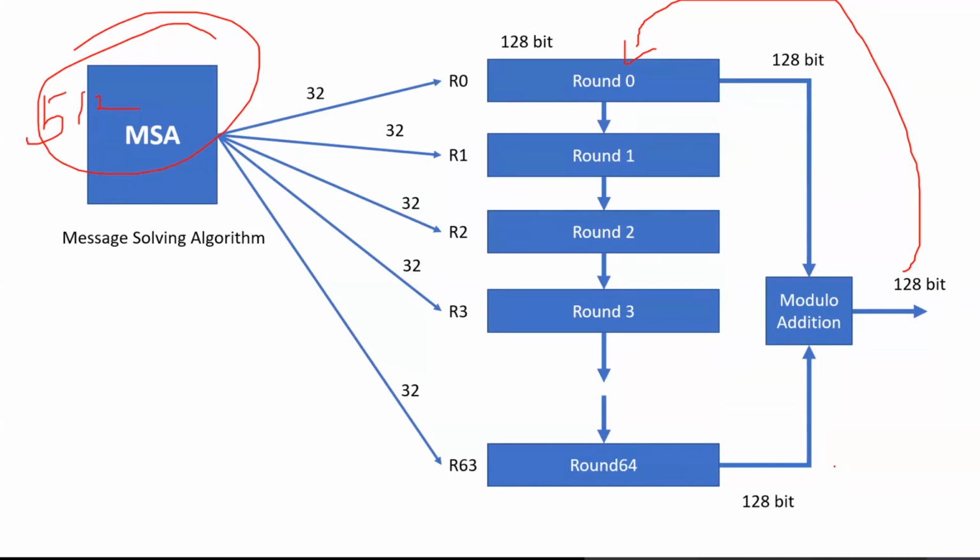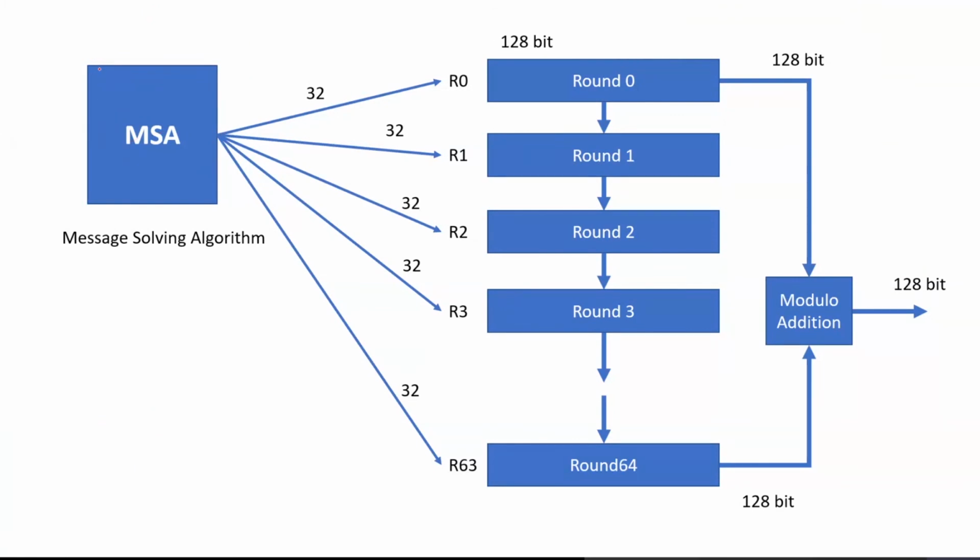So the entire 64 rounds happened for a chunk of 512 bits. But our total message was a multiple of 512 bits. Remember? It was a multiple of 512 bits.